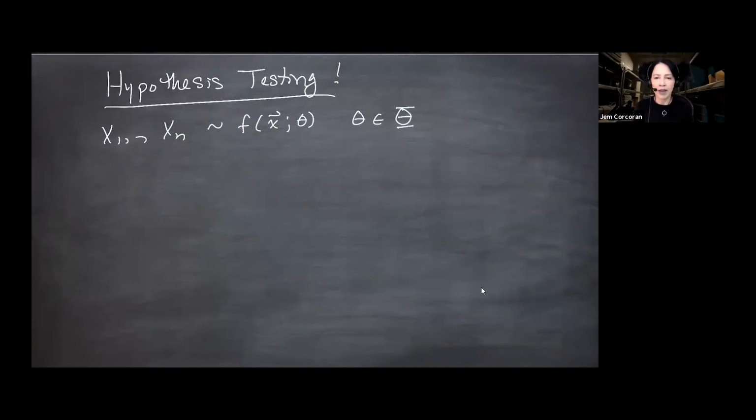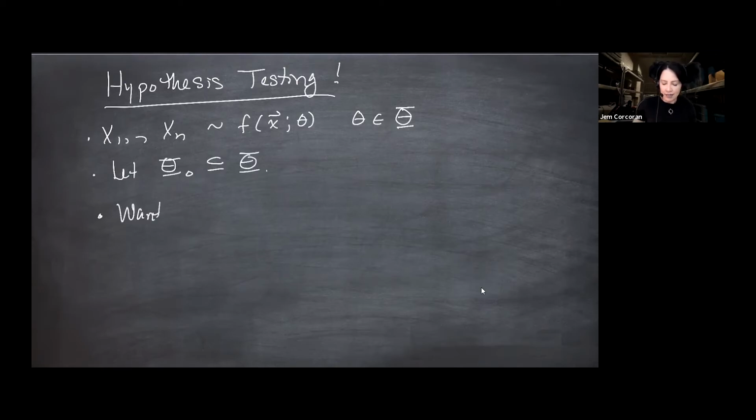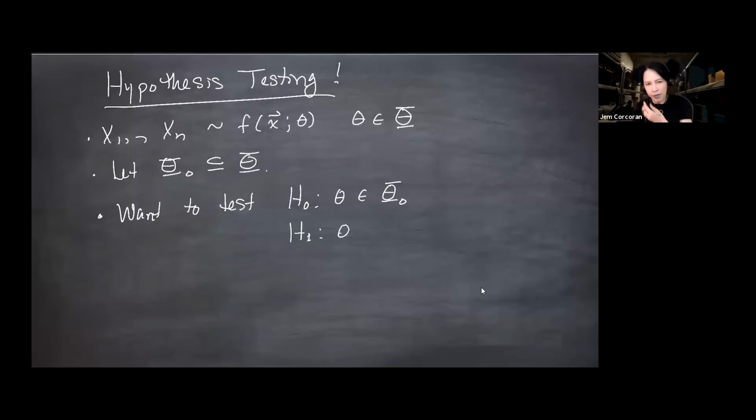A lot of times people write omega, but to me that looks like a sample space. I hate writing this symbol though. Okay, and then we're going to let this capital Theta naught be a subset of capital Theta. And we want to test a null hypothesis that theta is in some set Theta naught versus it's in the rest of the space, which would be the complement, although you have to know that that's the complement with respect to Theta.